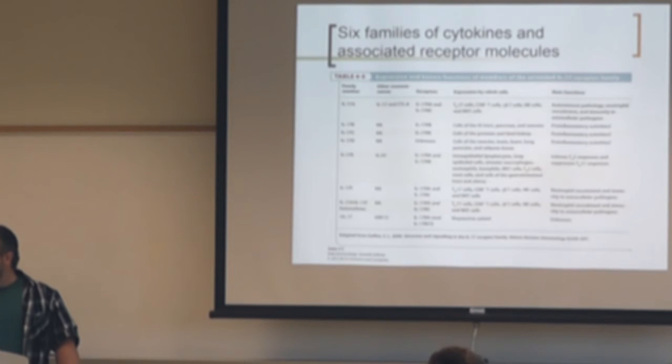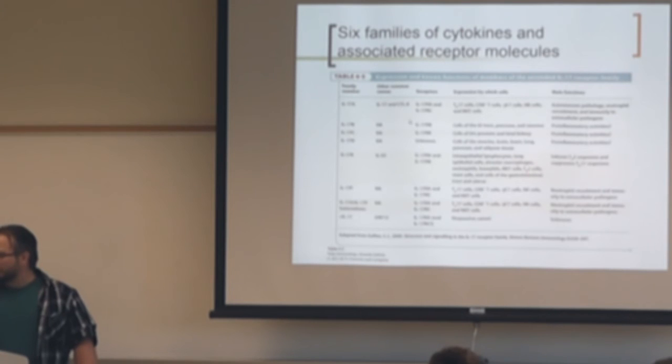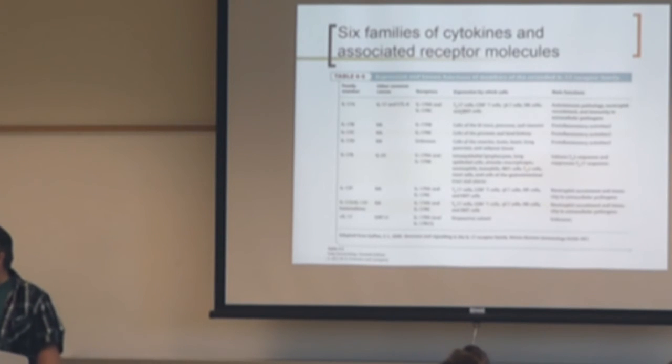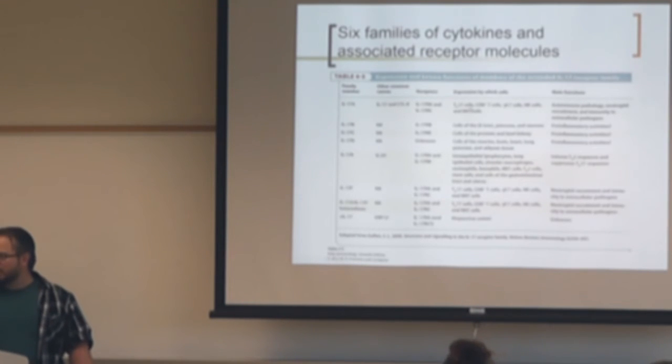There are multiple different IL-17 family members, and this is a nice review of what cells they're expressed by, their main function, pro-inflammatory, and a lot of these are secreted by neutrophils, induce a Th2 response, or suppress Th17.